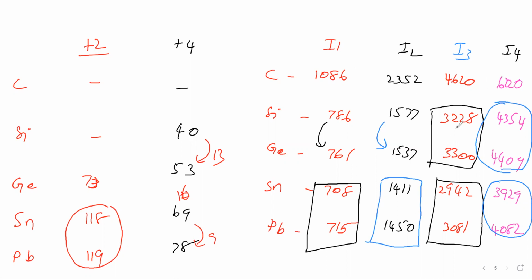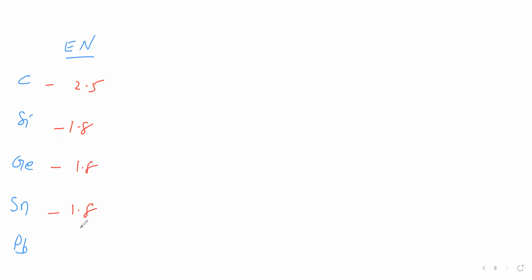Okay, next we will see electronegativity of these carbon family elements. Generally down the group electronegativity decreases. How it is here we will see. Carbon is 2.5, silicon is 1.8. Okay, decreases. Then germanium 1.8, tin 1.8, then lead 1.9.